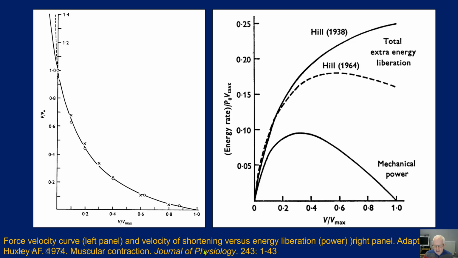On the panel on the right, you can see the power associated with those. Don't worry about the data from Hill, which is total energy liberation, but just look at the mechanical power output. It is exactly as we saw in the previous schematic: the highest power output occurs at probably a velocity of about 0.4, and at about 0.1 in terms of the amount of force being produced.